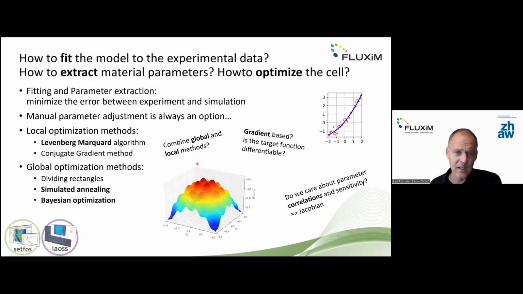And of course, they also have some issues. Sometimes you should also care about correlations, and to characterize that, especially the gradient-based methods allow using the Jacobians in order to calculate the correlations between the best fit model parameters.